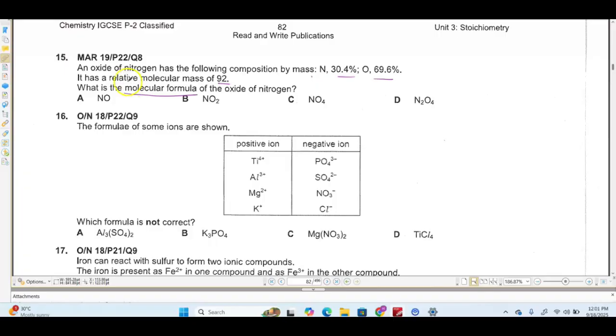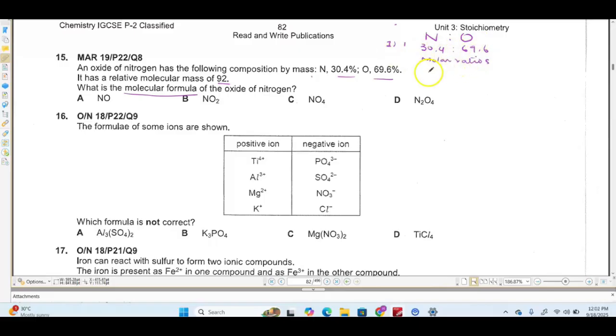So what do we have over here? We have 2 elements, nitrogen and oxygen. The first step remains the same: to find the molar ratios. 30.4 of nitrogen and 69.6 of oxygen.